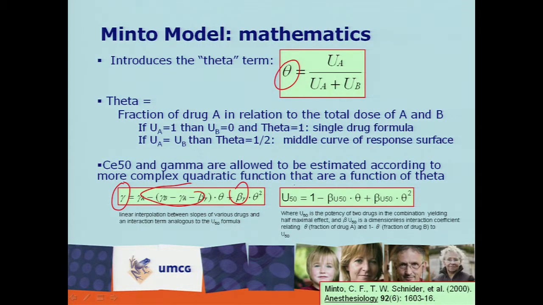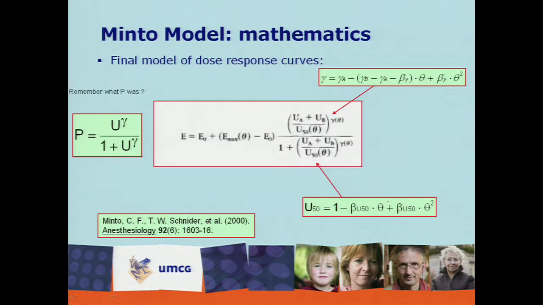They also have, for their U50 calculation, quite a complex quadratic function of theta. And why quadratic? Because the group thought at that time that it offered enough freedom to cover all the complexity in the modeling work. So you see it becomes more and more complex. And this is their total model, where you see the gamma, which is this one, and the U50, which is also a quadratic complex interaction term, a function of theta.